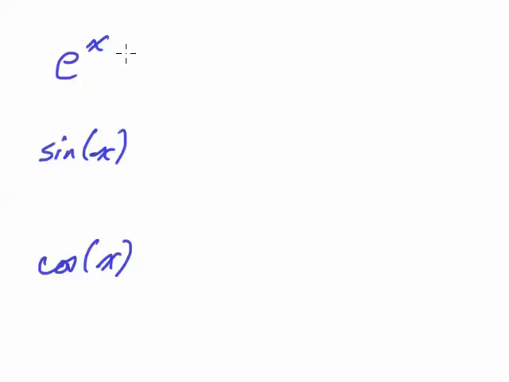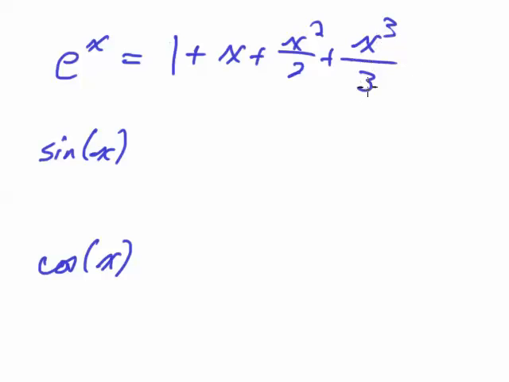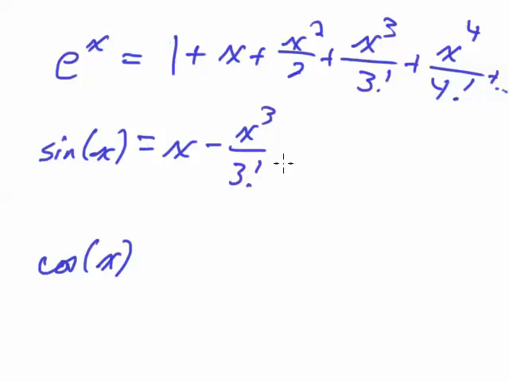If you apply the Maclaurin series expansion to each of these, e to the x is going to be 1 plus x plus x squared over 2 plus x cubed over 3 factorial plus x to the 4th over 4 factorial, etc. Sine x is going to be x minus x cubed over 3 factorial plus x to the 5th over 5 factorial minus x to the 7th over 7 factorial.